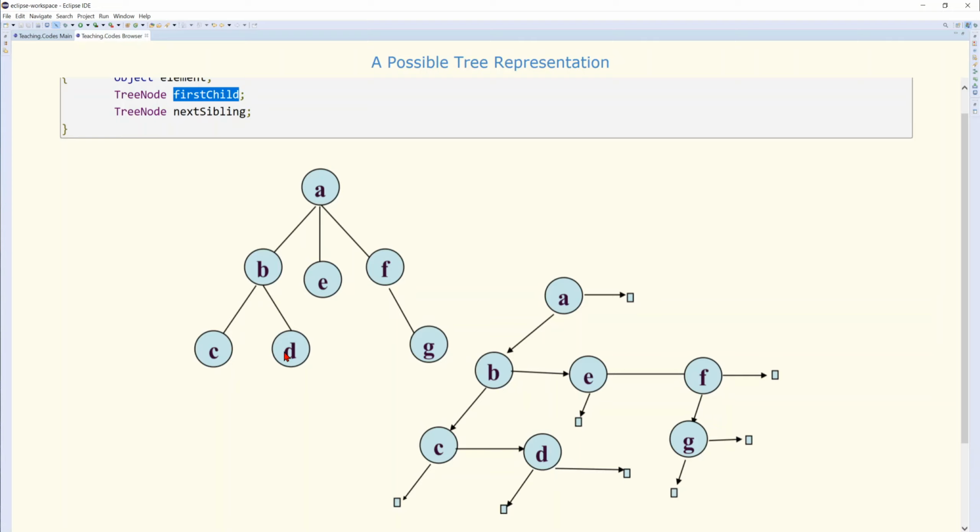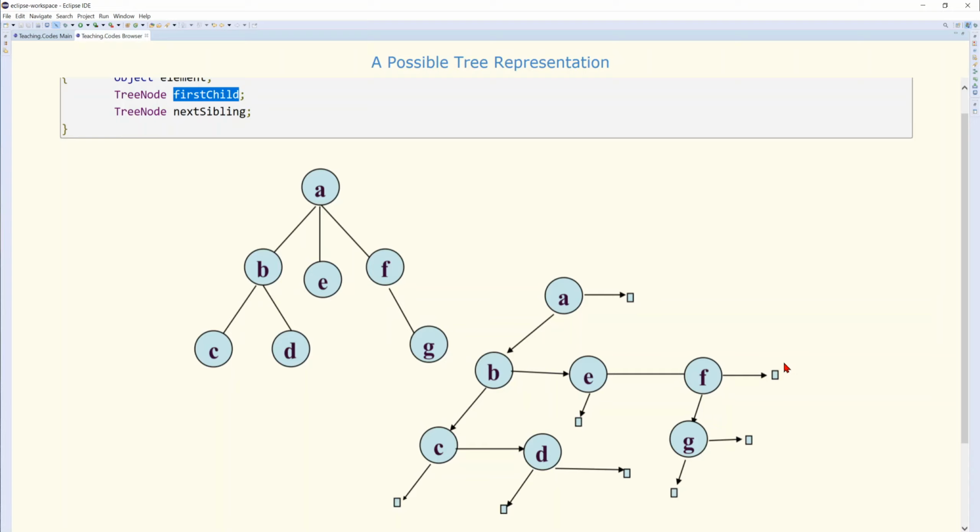C, D are siblings, but they are not siblings with G, because the parent of G is F, which is different than B. Therefore, they are not the children of the same parent. So F has a pointer to G, which has no siblings. Therefore, its sibling pointer is null. We show it with an empty box here. F also has no sibling. That was the end of that list of siblings.